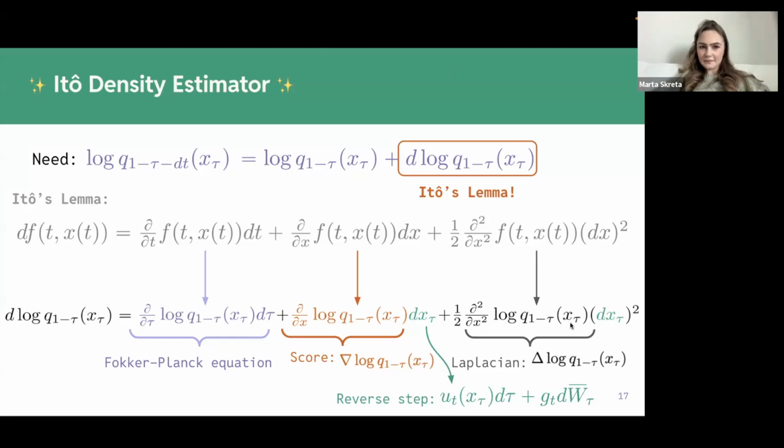Okay, so the third term is just the same as the second term, right? So can you explain the second term? Why does the change with respect to x of the drift become the score times change in x?